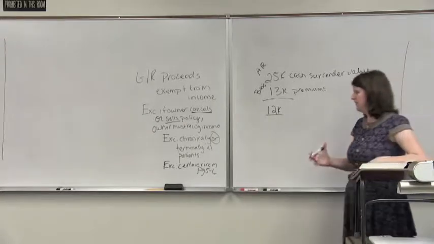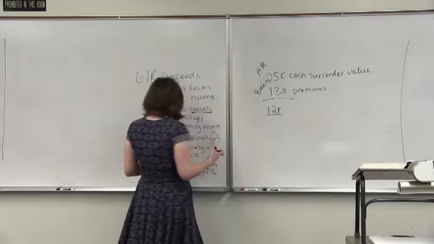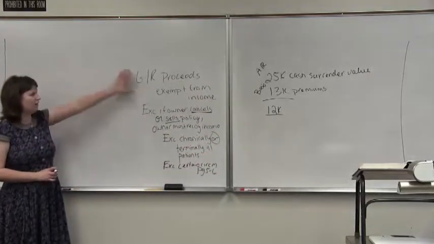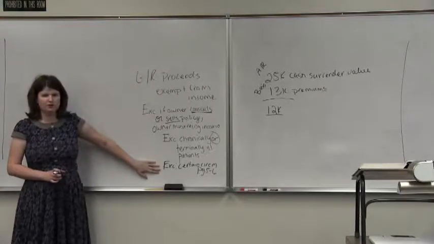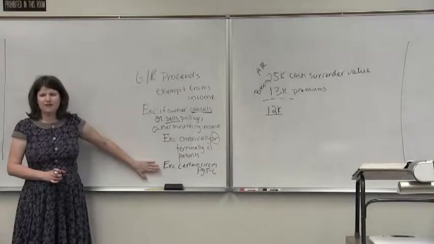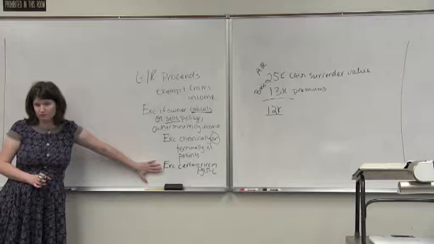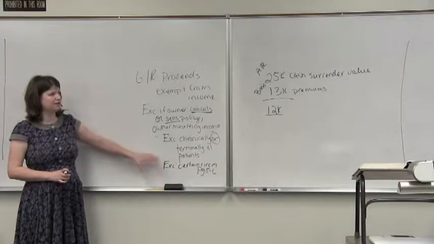So that means that Logan is not going to have to recognize any kind of income here. We're going to pretend like we're under the general rule because he is just transferring it to a beneficiary on the policy. And the rule would be the same whether he sold it or gifted it. It does not matter. Okay, that's one of these examples of special circumstances.